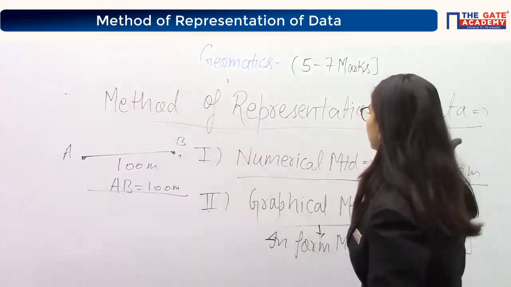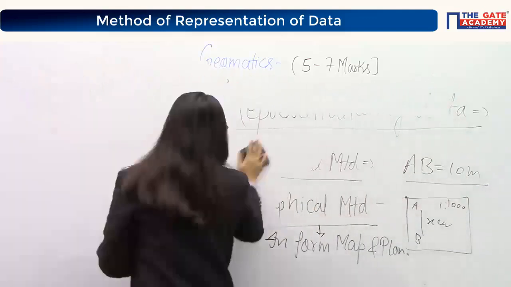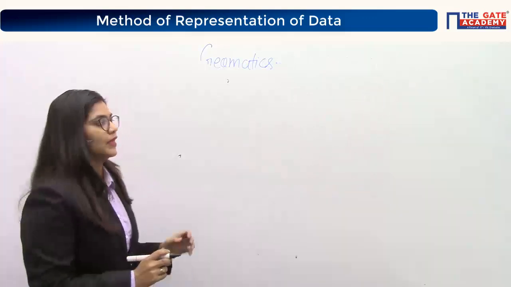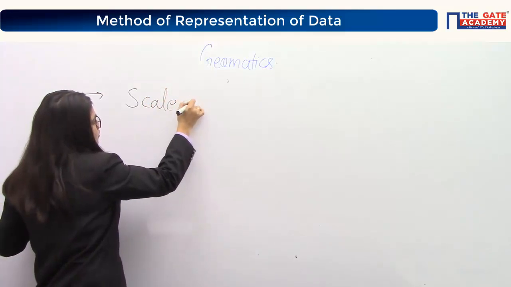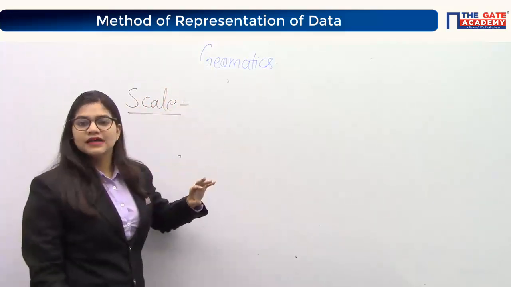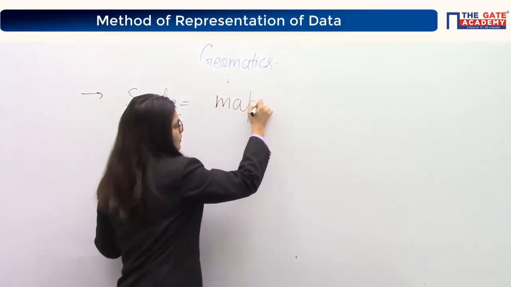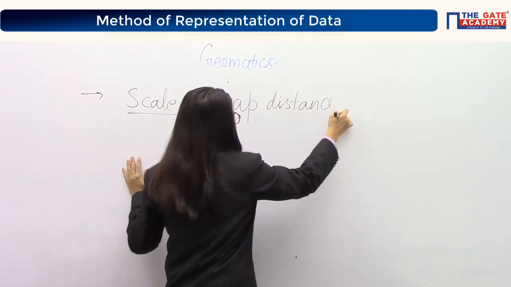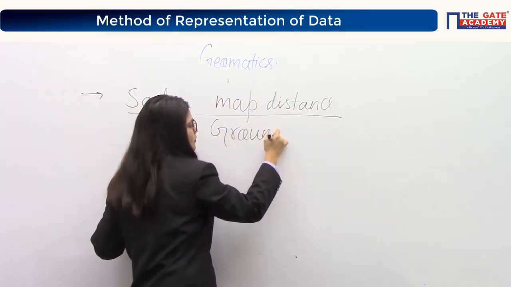Next heading is your scale. Write down the heading scale. So how do you define scale? I'm asking, what is scale? Scale is nothing but your map distance divided by your ground distance.